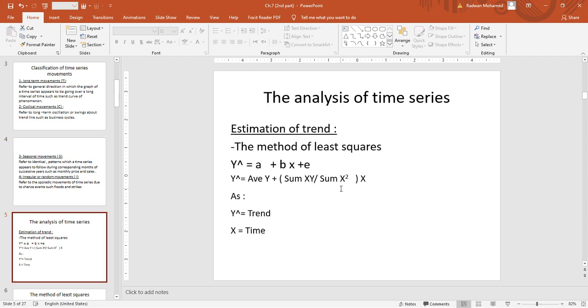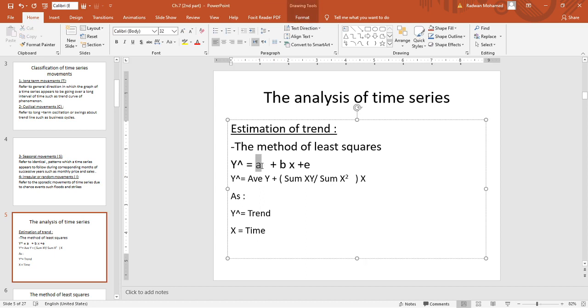Okay, so in slide 5, you'll find the analysis of time series using the method of least squares. The least squares method has two forms here. The first one is y hat equals a plus b x plus e.